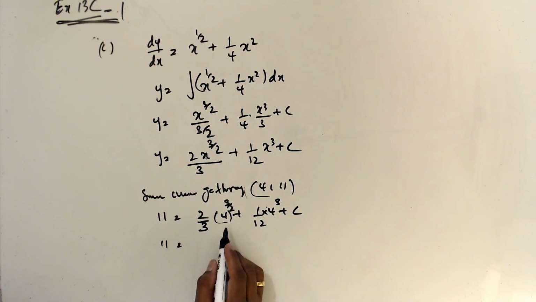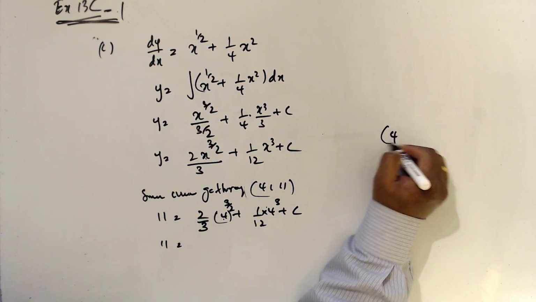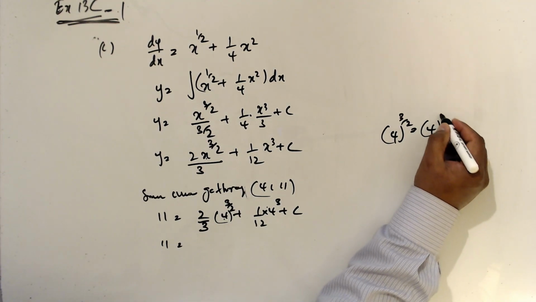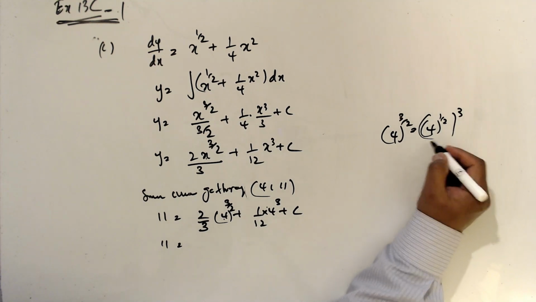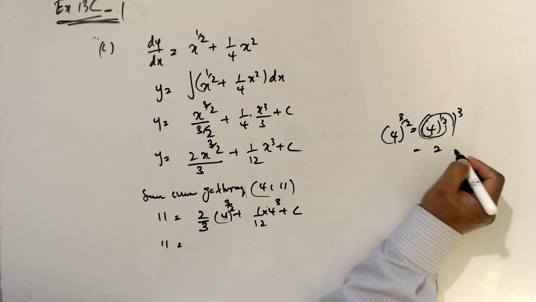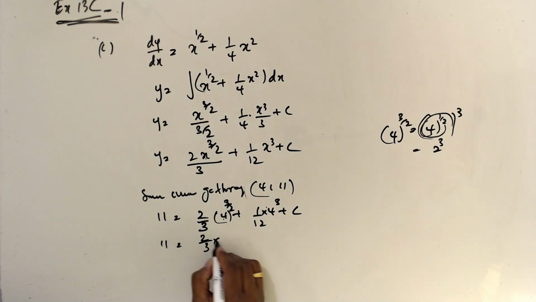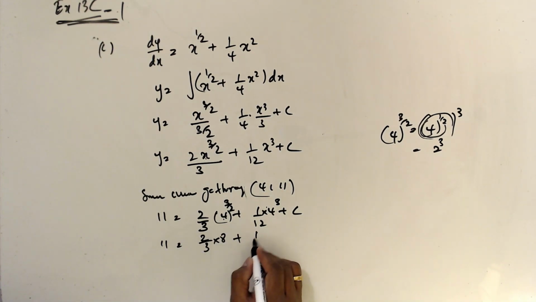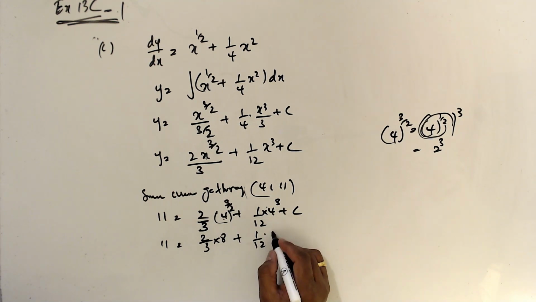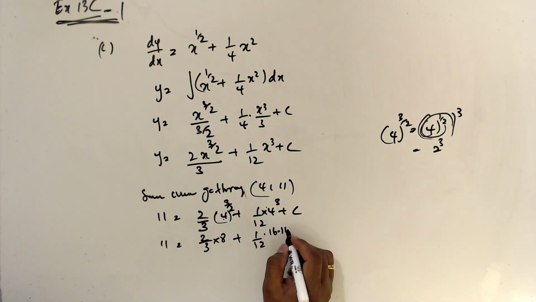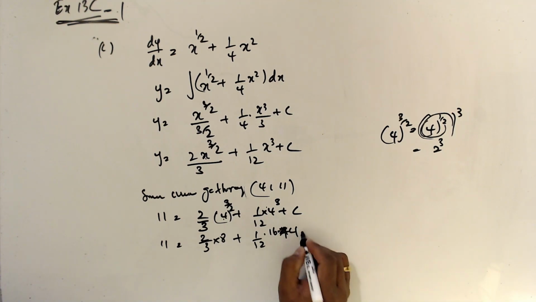This is 11 equals, 4 to the 3 over 2 means the square root of 4, cubed. So this becomes square root of 4 is 2, 2 to the power 3 is 8. So 2 times 8 over 3 plus 1 over 12 times 4 cubed, which is 64, plus c.